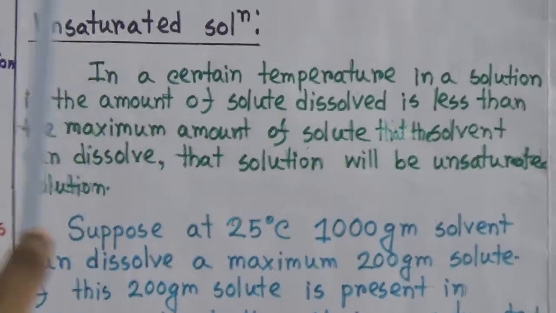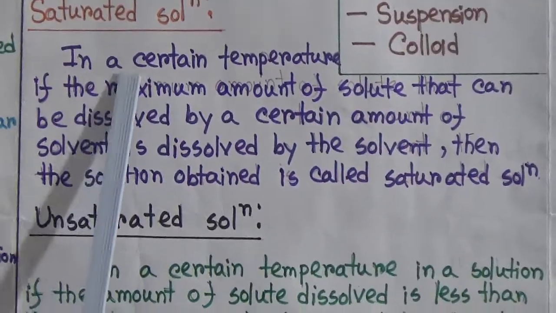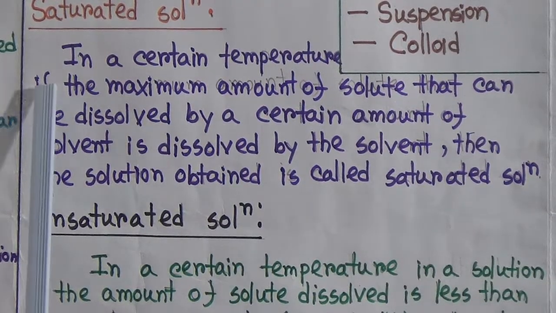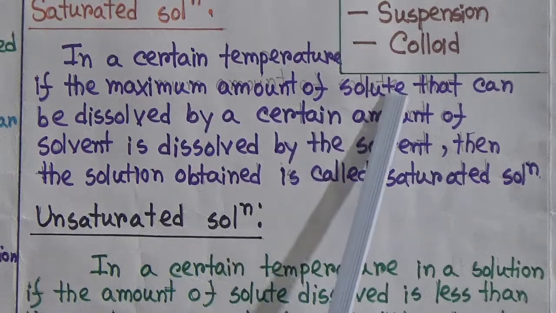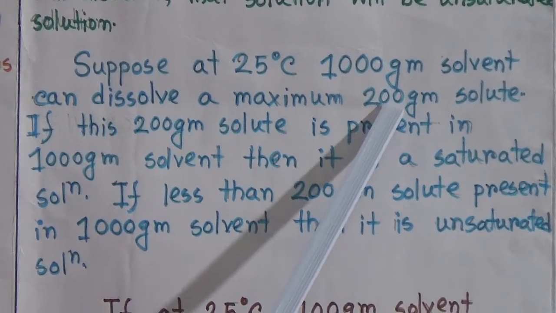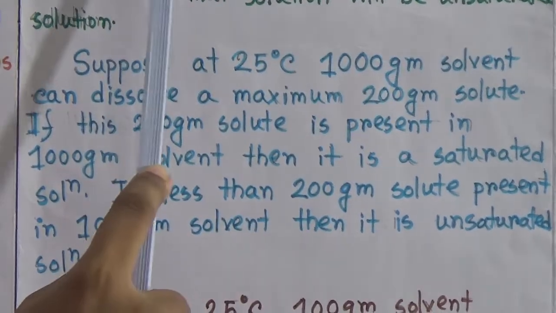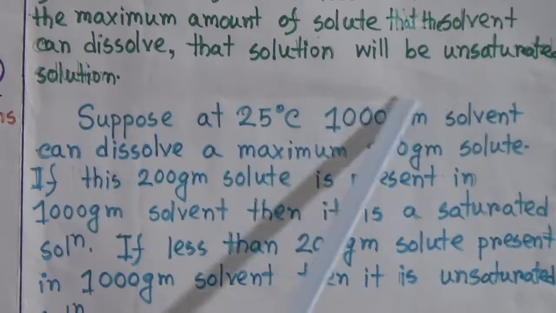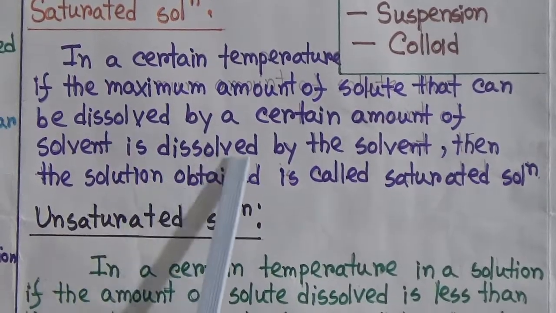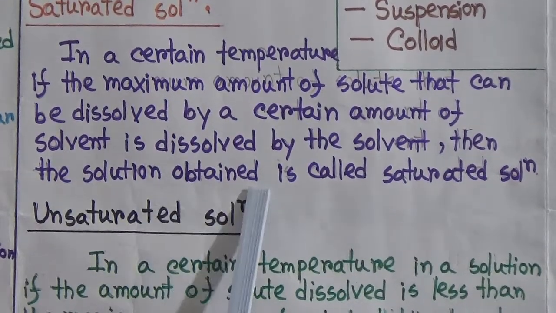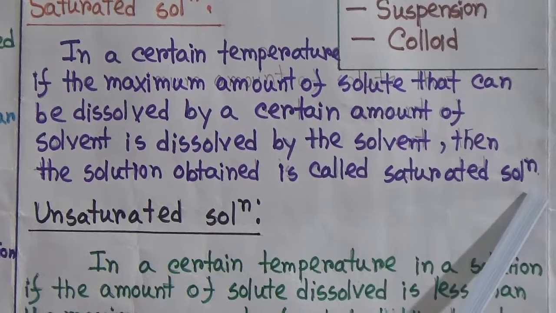Now, let's discuss the definition. At a certain temperature, here 25 degrees Celsius, if the maximum amount of solute, here 200 gram, can be dissolved by a certain amount of solvent, here 1000 gram of water, then the solution obtained is called saturated solution.